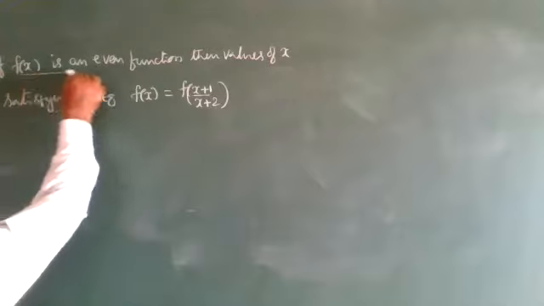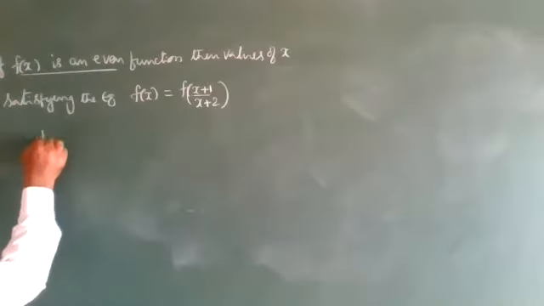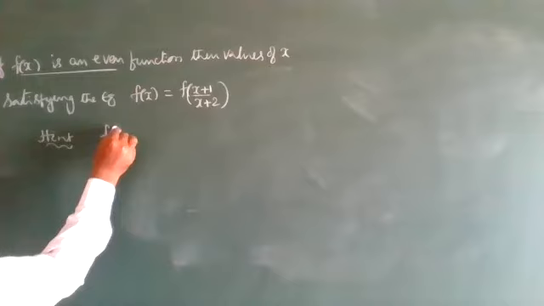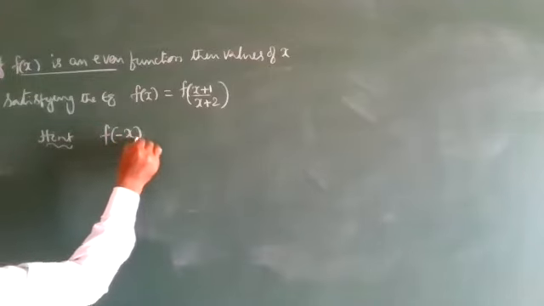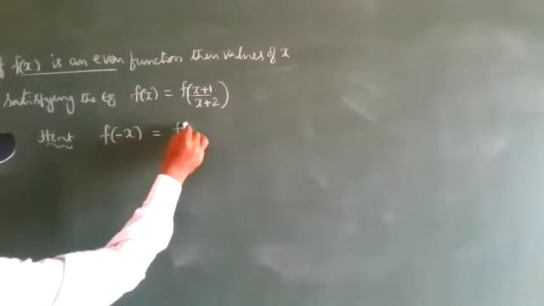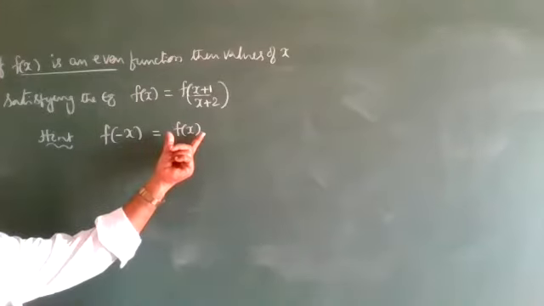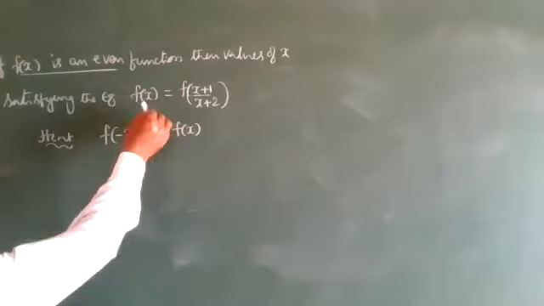What function is given? It is an even function. The even function definition is f of minus x is equal to f of x. Okay? F of x is equal to positive f of x.